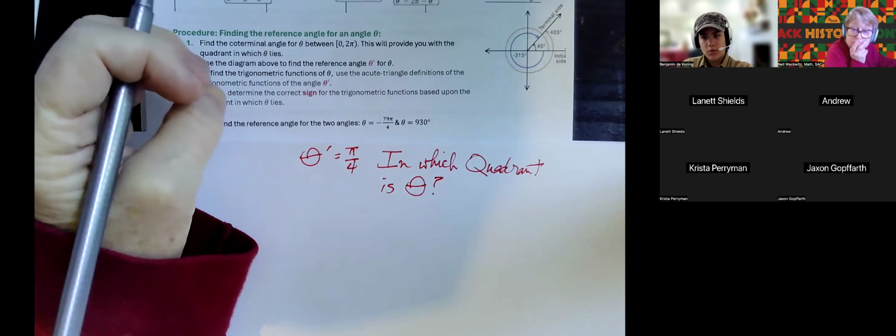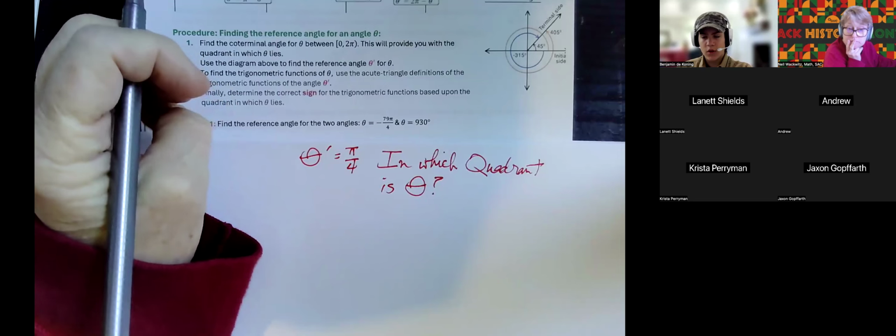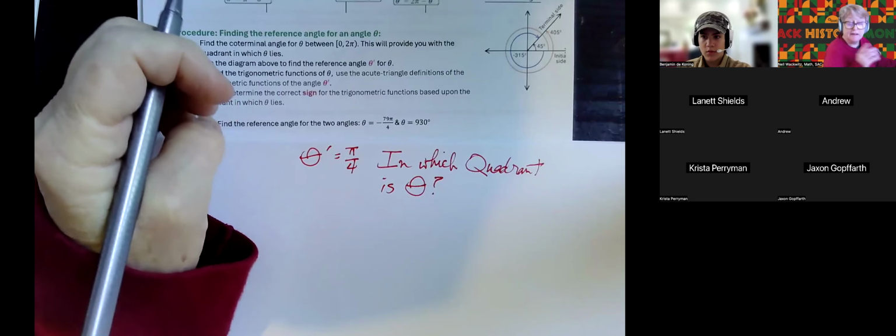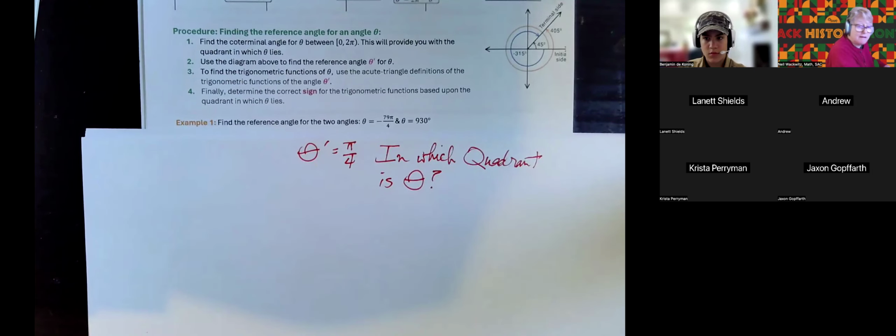You could subtract 8 pi over 4, or add 8 pi over 4. Yes. So we could add 8 pi over 4. Could we add lots of them?